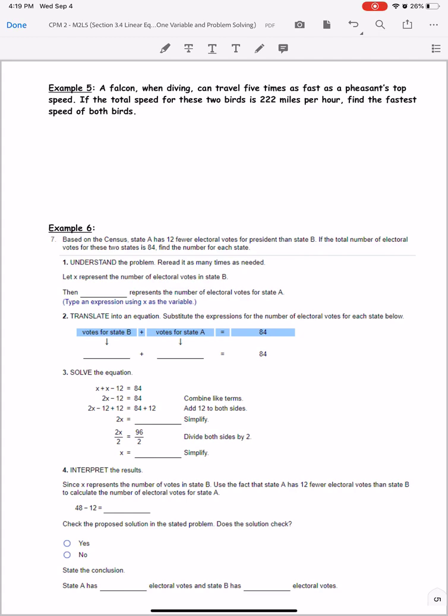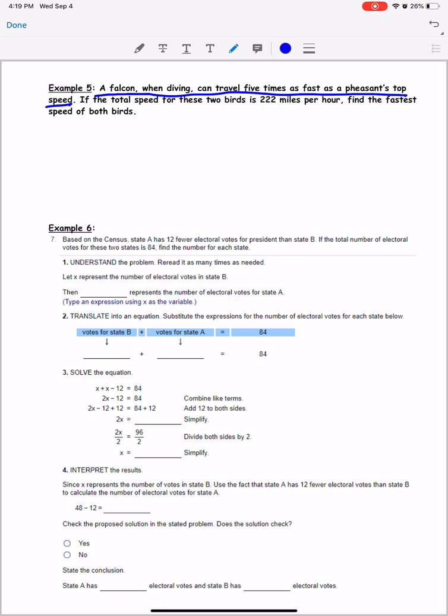Example 5, this has to do sort of with speed, but you set it up the exact same way as those money ones were. It says a falcon when diving can travel 5 times as fast as a pheasant's top speed. So right here, what do we know nothing about? A falcon when diving can travel 5 times as fast as a pheasant's speed.